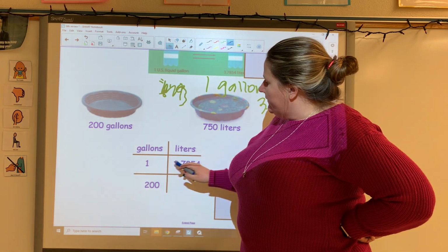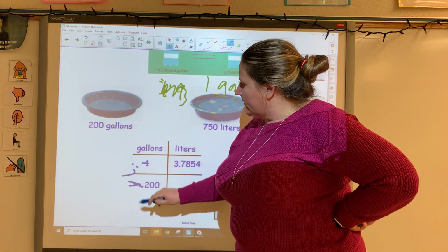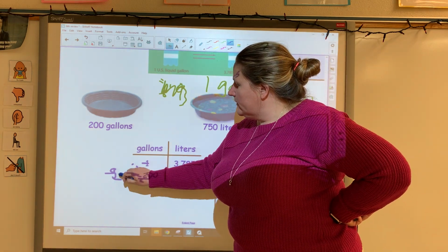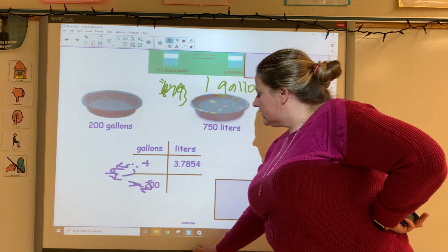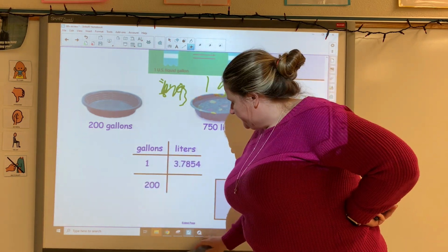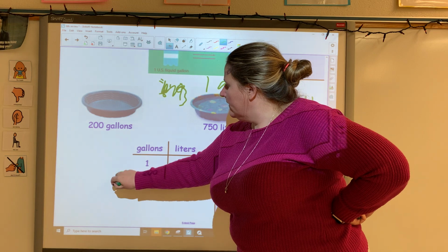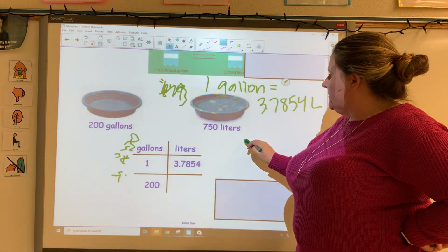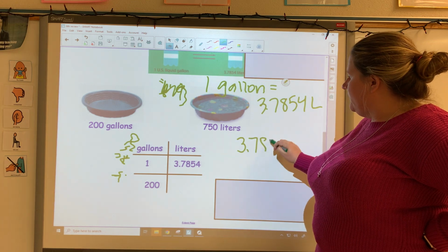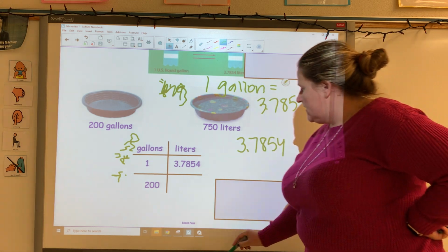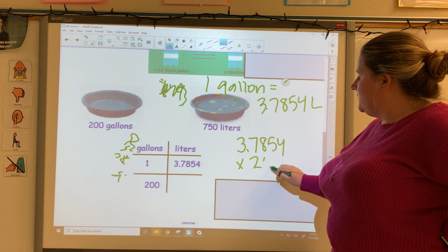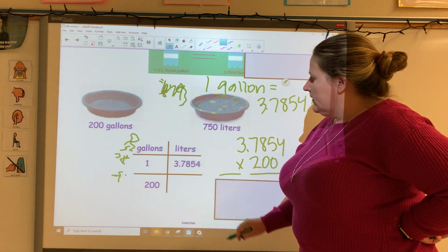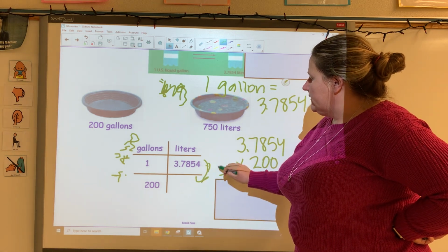So if 1 gallon is that many, I'm going to multiply it by 200. I don't know why this is acting up all of a sudden. We're going to multiply by 200. So I'm going to do 3.7854 multiplying by 200.